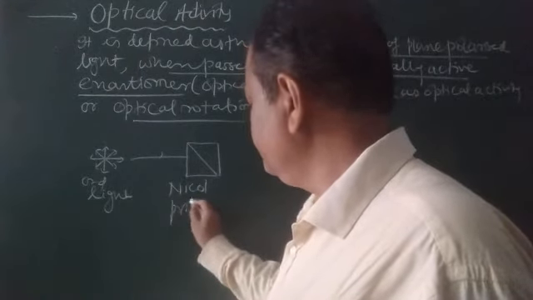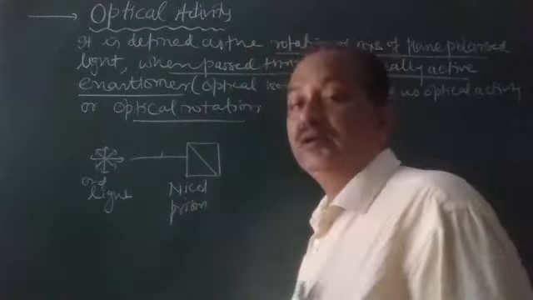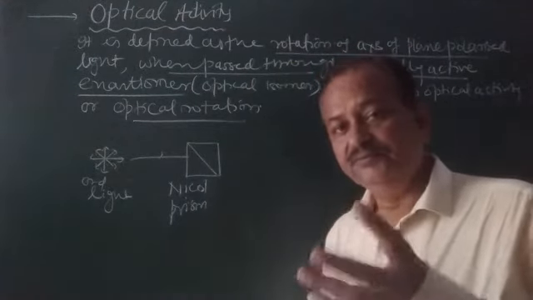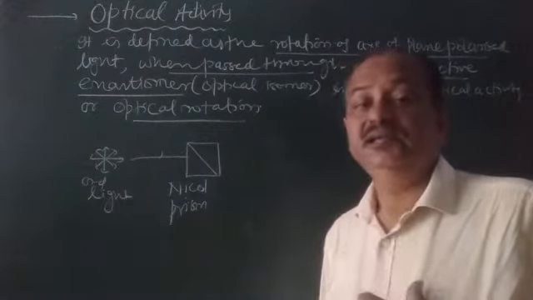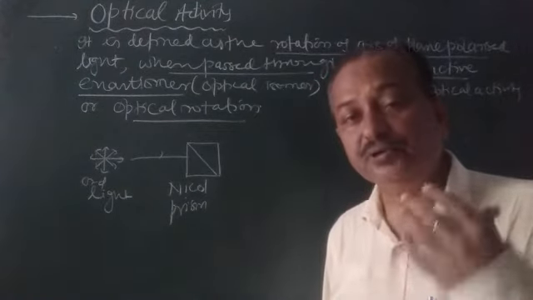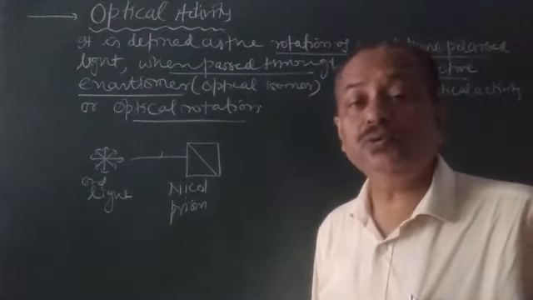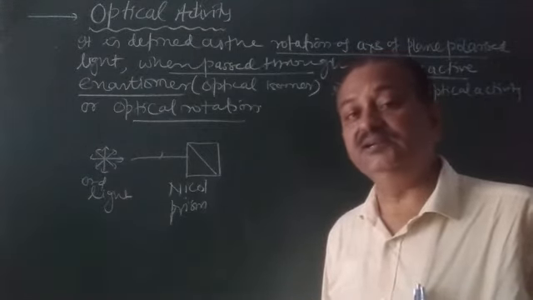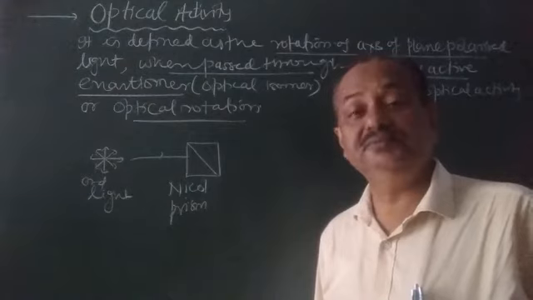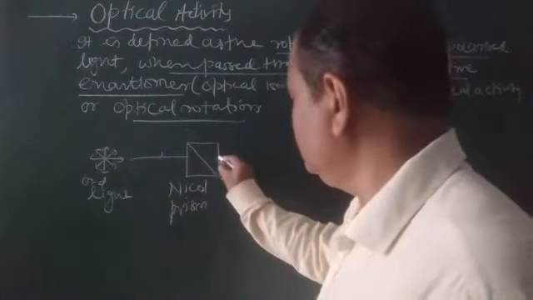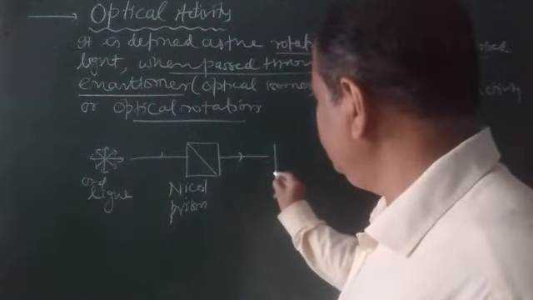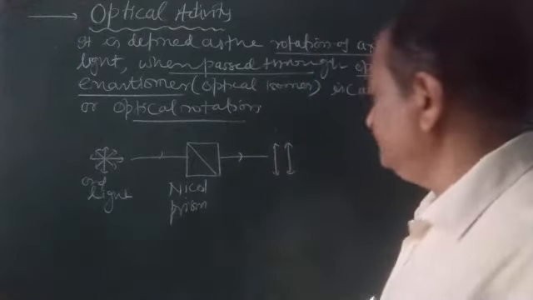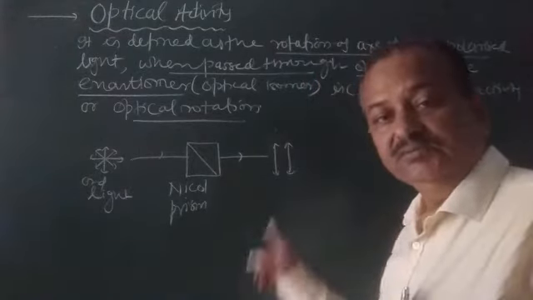Nicol prism is a pair of prisms of a special type of glass having such tendency to produce only the monochromatic light. Monochromatic means the light radiations having only one frequency, only one wavelength.